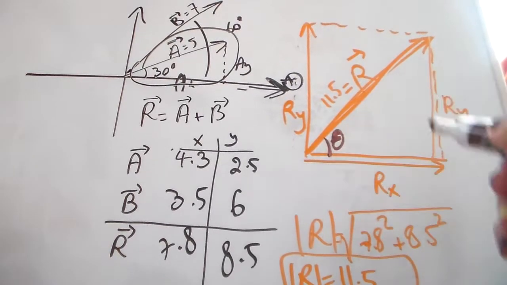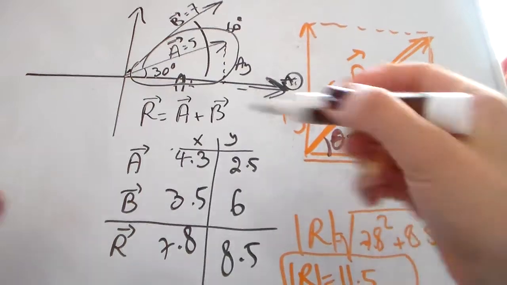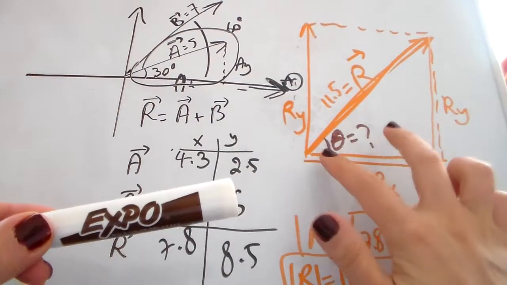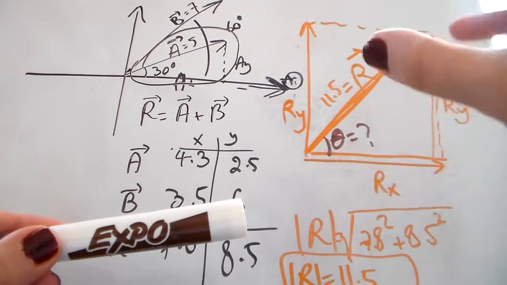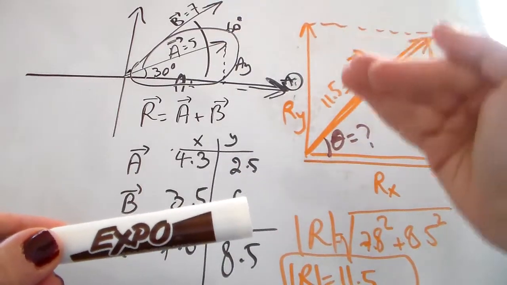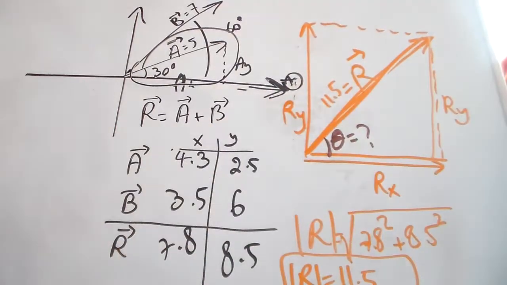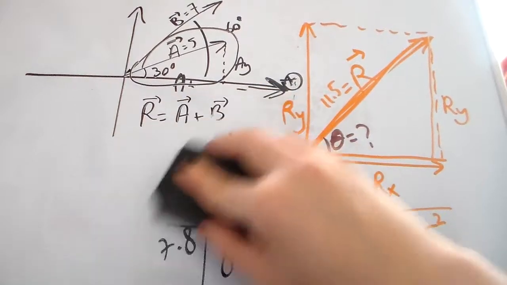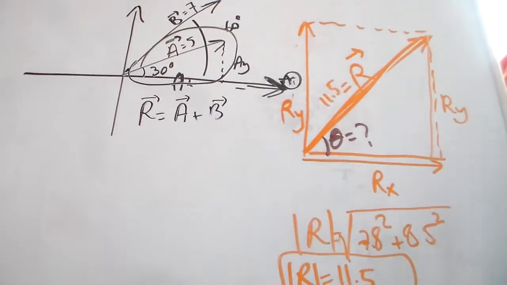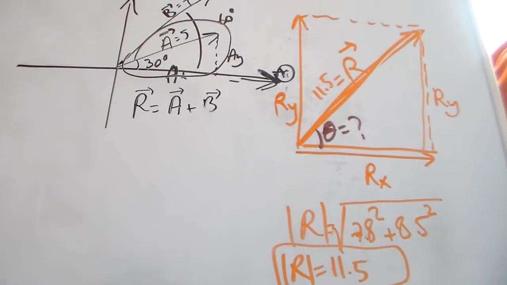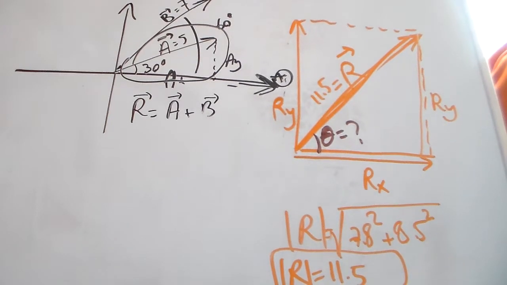So this is my theta, and I want to get this theta because if I know what this angle is all about, then I know exactly how R is tilted. All right, let's get that. So far, we know that R, the hypotenuse, is 11.5. We know R_x is 7.8. We know R_y was 8.5.